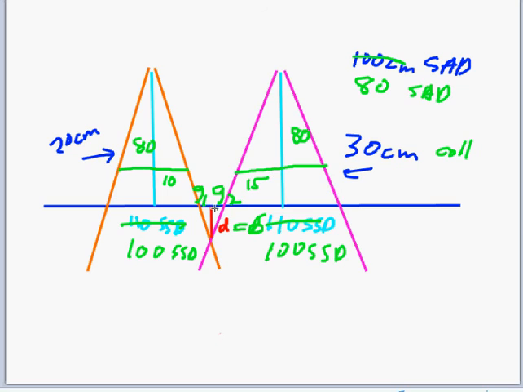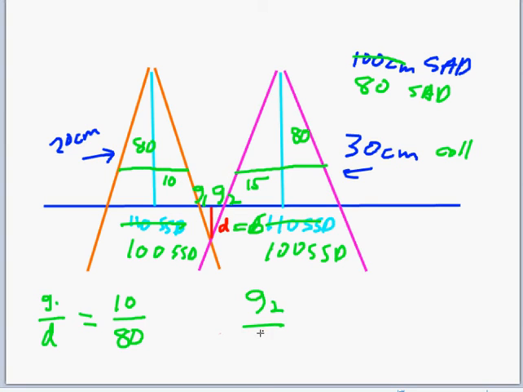So now our gap calculation is going to look like this. G1 over the depth is going to be equal to 10 cm divided by 80. Even though it's at 100 SSD, the collimator is defined up here.